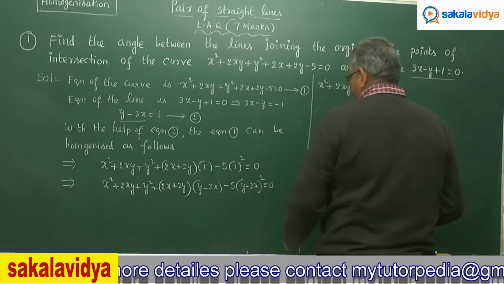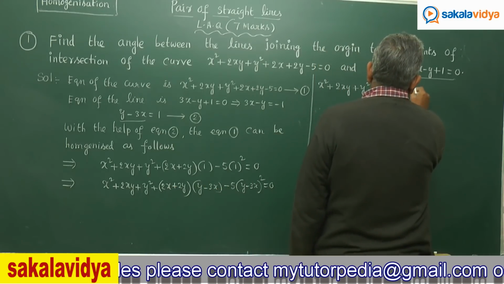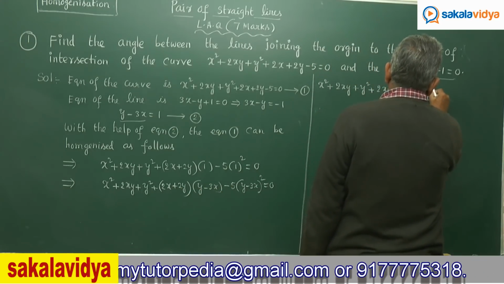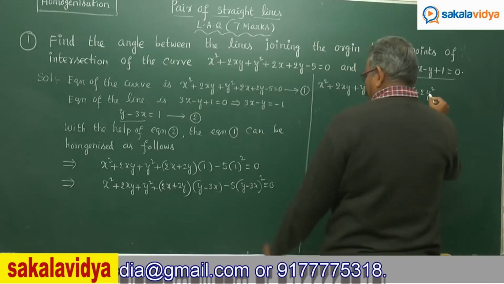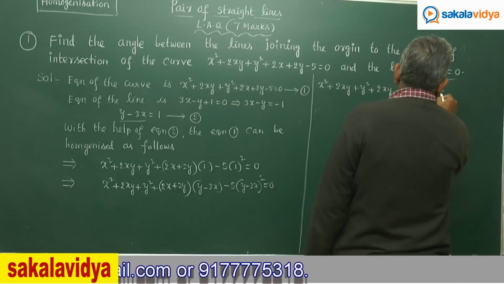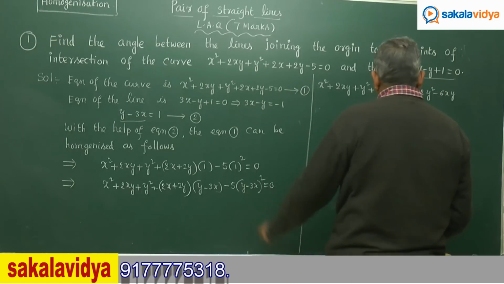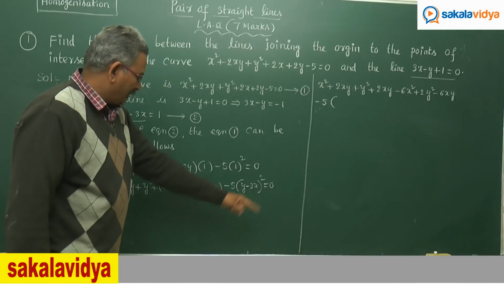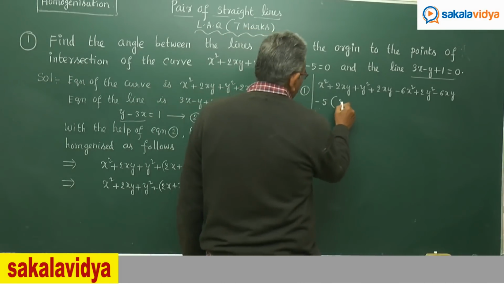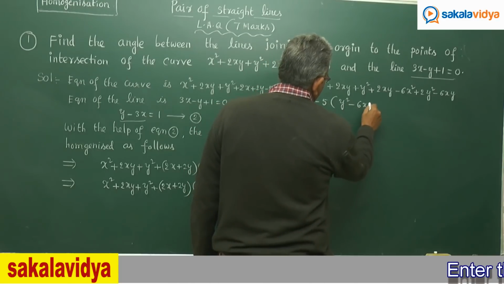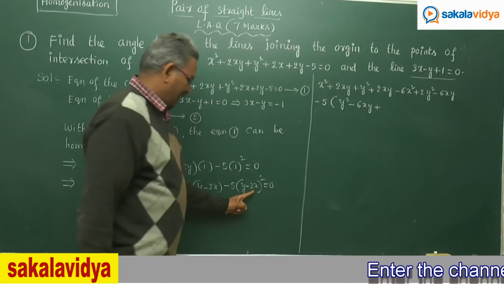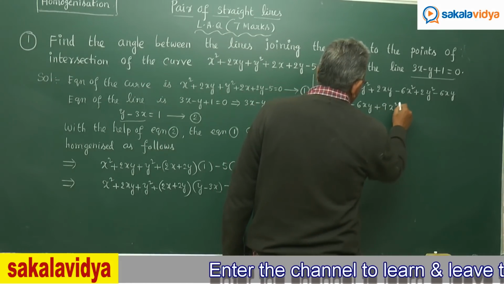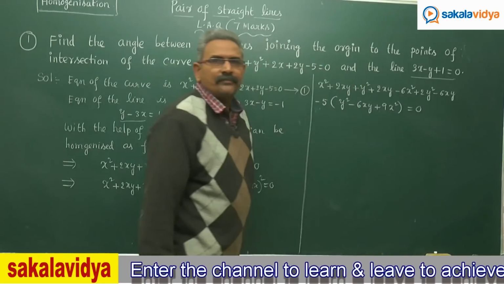Now, 2x into minus 3x, minus 6x square; 2y into y, plus 2y square; 2y into minus 3x, minus 6xy; minus 5 times y minus 3x whole square, that is y square minus 6xy plus 9x square, equals 0.